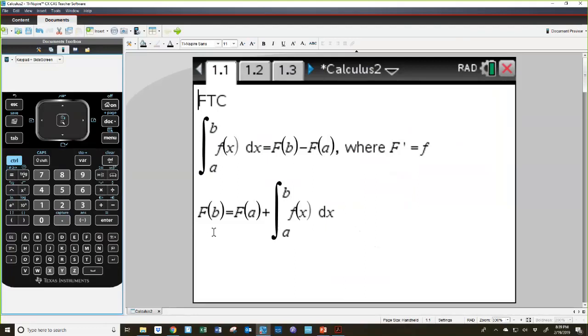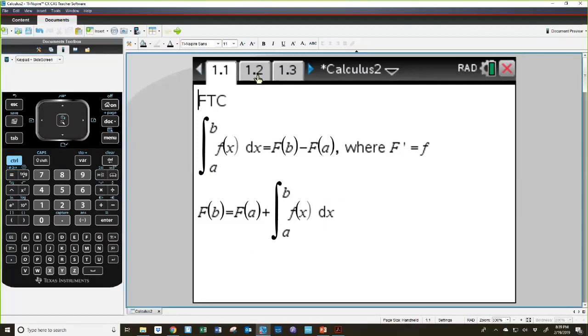So we say that F of b is equal to F of a plus the definite integral from a to b of f of x dx, of course, where big F prime, the derivative of big F, is little f. This is the exact same thing I just had up about new position with velocity. So if the students start to see a correlation there, it'll be a little bit easier for them.